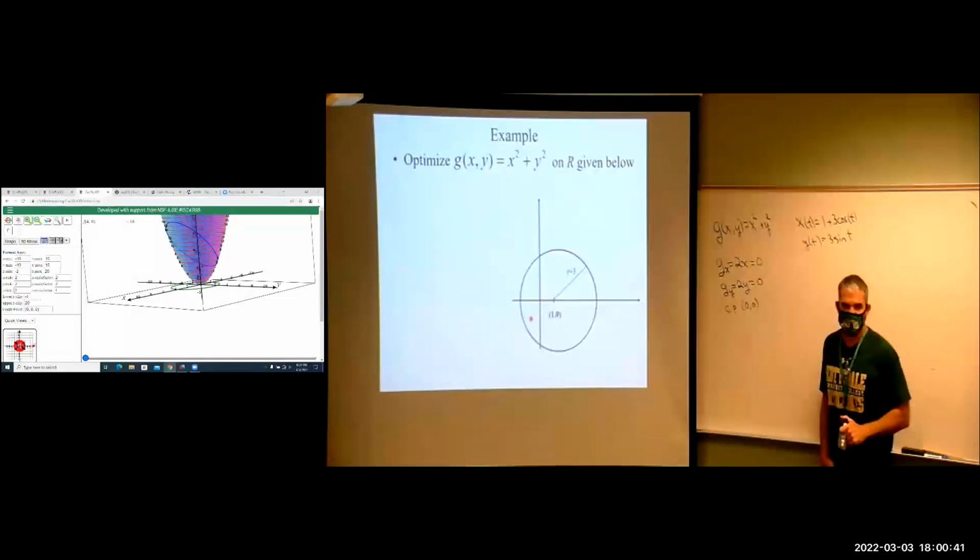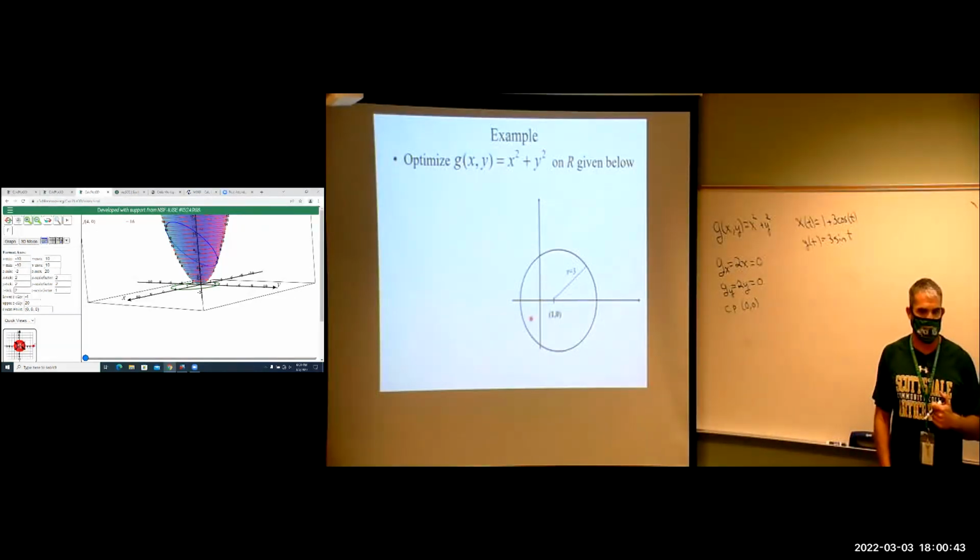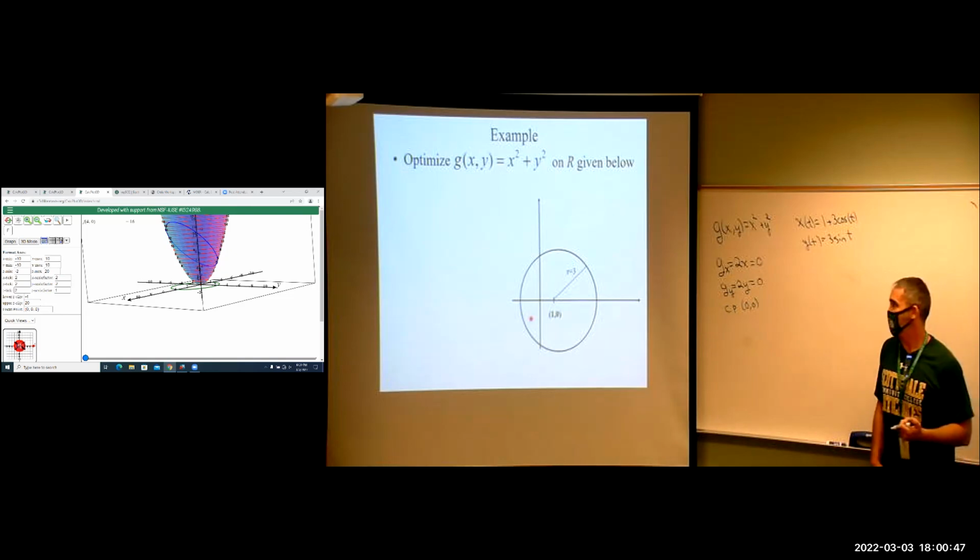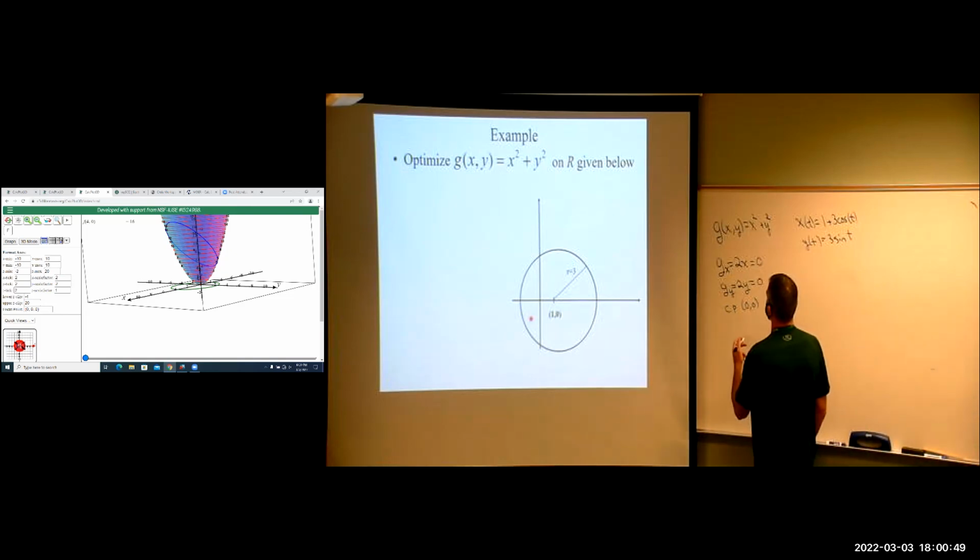All right, next thing we would do is test that critical point in the second derivative test. Well, look at what's going to happen. In this particular case, we'd have g sub xx equals 2, g sub yy equals 2, and g sub xy equals 0.